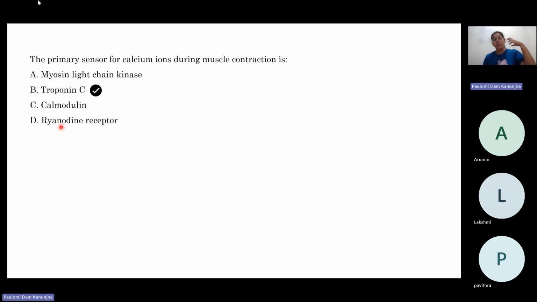And why will tropomyosin move? Tropomyosin is sitting on the actin binding place, so your troponin has to interact with someone else. Your troponin interacts with calcium, and this calcium takes away the troponin C. Tropomyosin gets free, tropomyosin moves away, actin myosin starts interacting. That leads to your contraction.